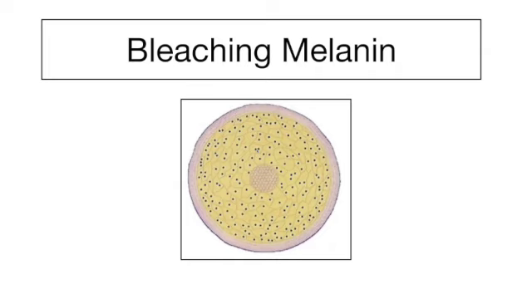These can be either eumelanin, mixed melanins, or just plain pheomelanin. You don't know what they are until you start breaking your hair down, unless you have a lab and you can look at them with a scanning electron microscope.